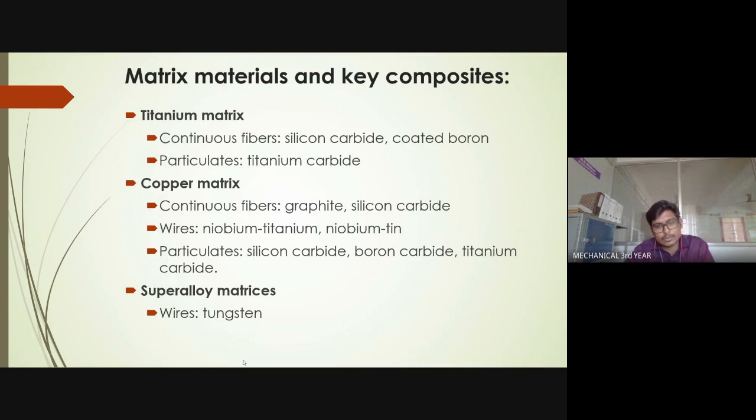And in the case of superalloy matrices, we have tungsten. Tungsten is not that helpful to you because it is much more expensive when compared to the previous ones, that is, copper matrix or titanium matrix. Tungsten becomes your most expensive one.